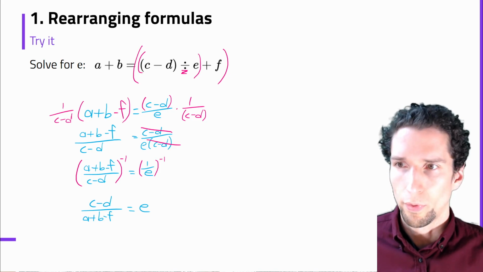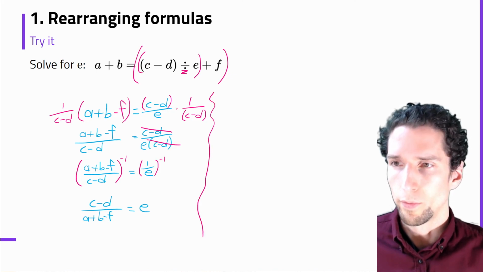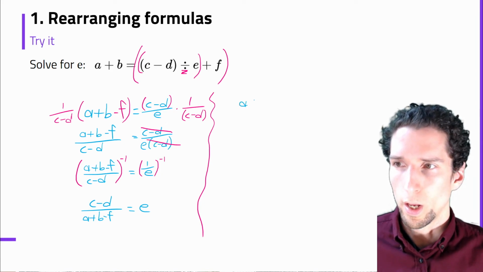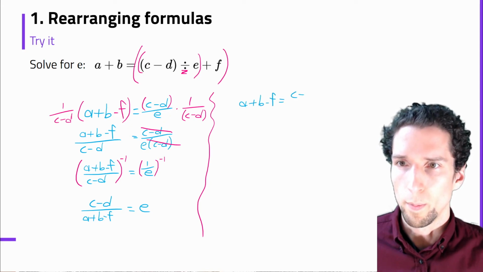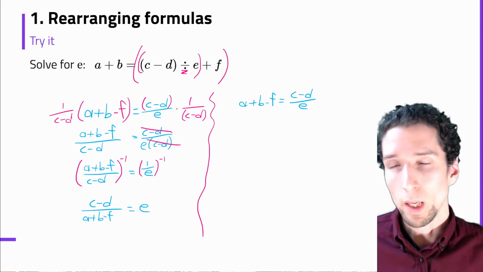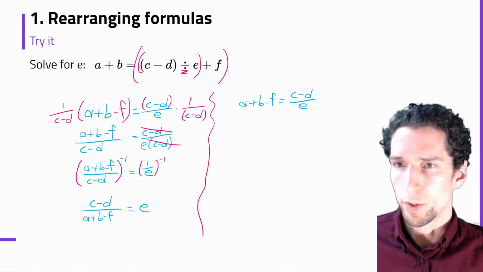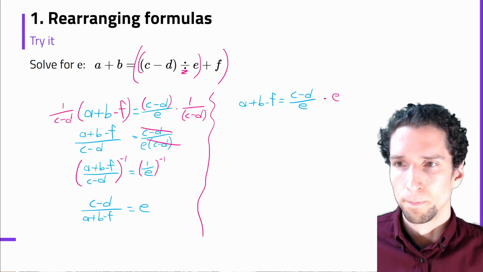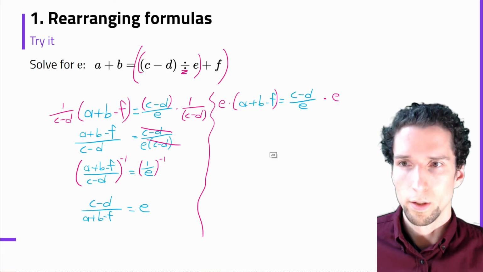Just for sake of thoroughness, in case that was confusing for you, if you want a different way of thinking about this, when we are at this stage, a plus b minus f equals c minus d over e. Another way of thinking about it, it will give us the same result, is just to multiply both sides by e, like this.